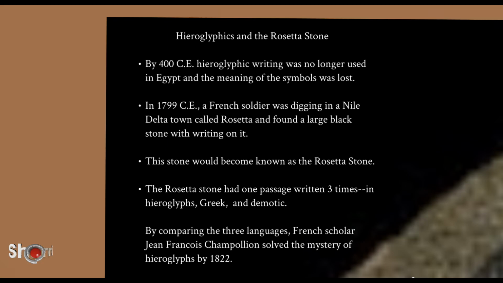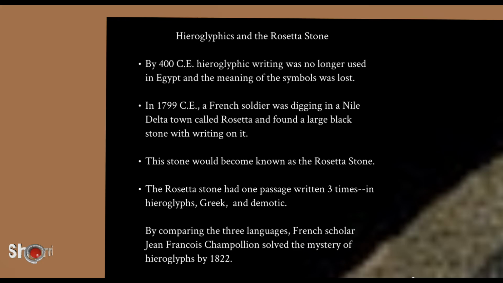By 400 CE, hieroglyphic writing was no longer used in Egypt, and the meaning of the symbols was lost. In 1799 CE, a French soldier was digging in a Nile Delta town called Rosetta and found a large black stone with writing on it.